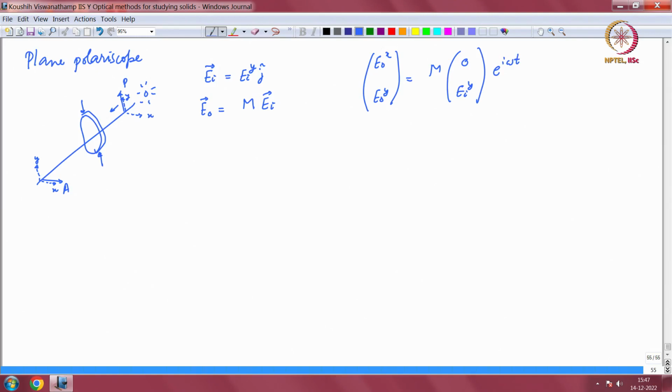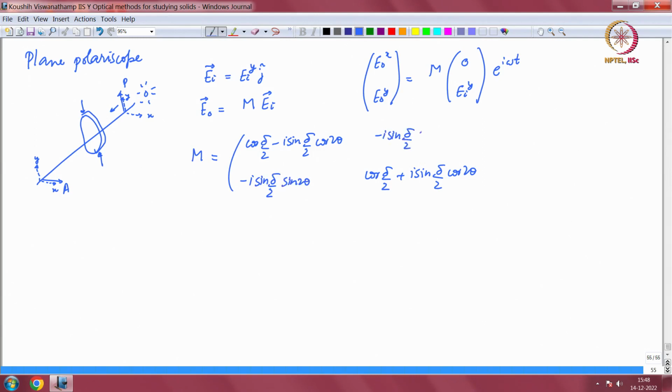And if you go back and put that matrix, remember what the matrix was, we had cos delta by 2 minus I sin delta by 2 cos 2 theta, cos delta by 2 plus I sin delta by 2 cos 2 theta, minus I sin delta by 2 sin 2 theta and minus I sin delta by 2 sin 2 theta here.